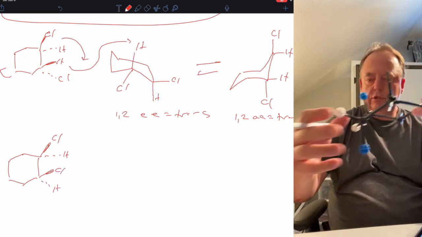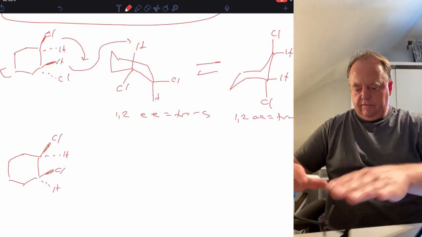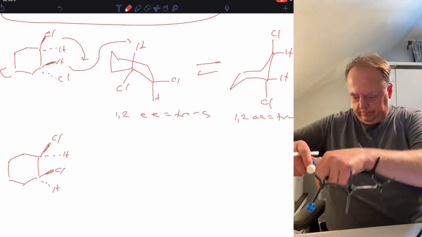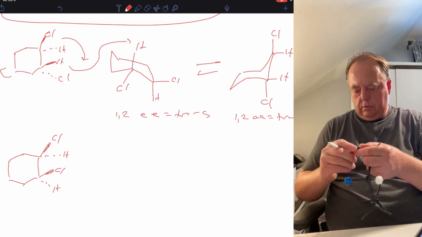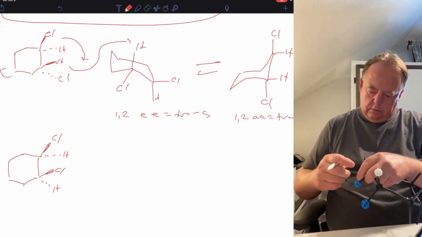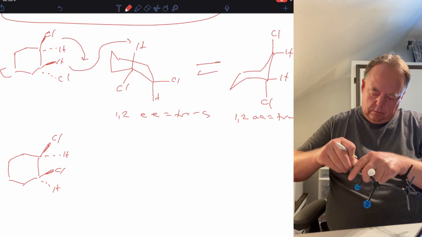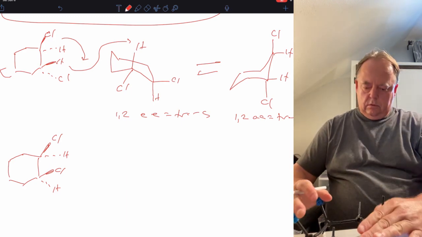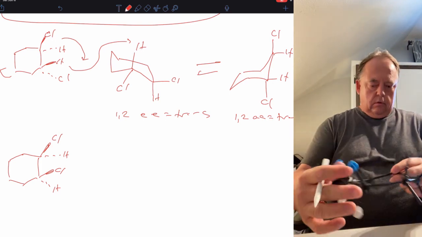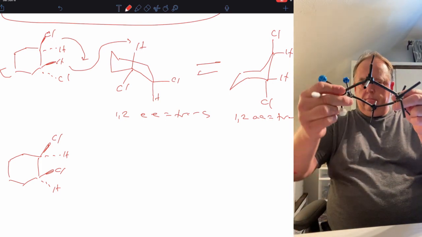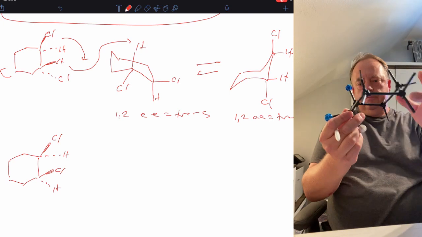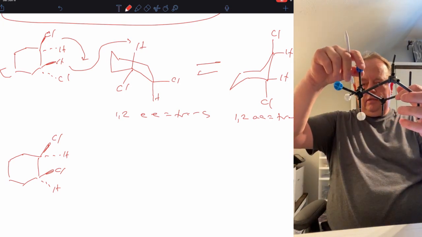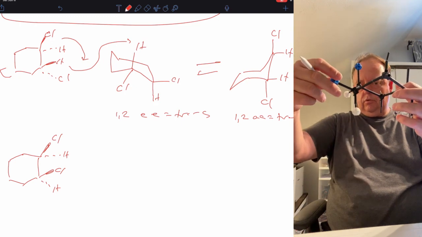and if we put that into a chair, so let's flatten it back out, make the cis isomer. I'm going to take this carbon and bend it down, and the back one bend it up, and then you can see if I put that into a chair, then this chlorine is axial and this one is equatorial.